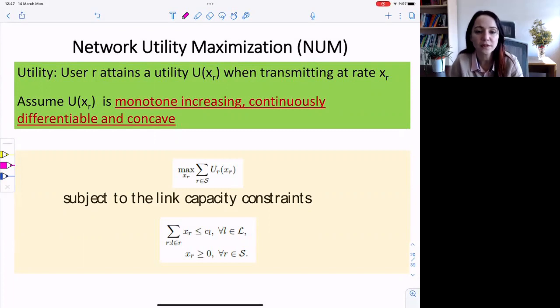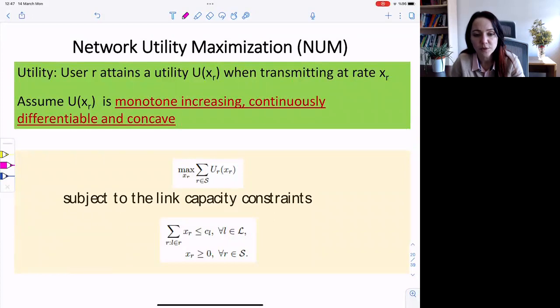You can find a lot of actual scenarios where utility is increasing in the form, for example, of a logarithm, or even faster with the rate.